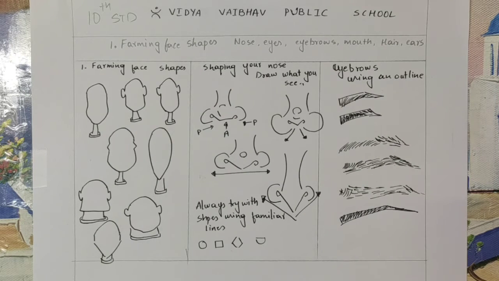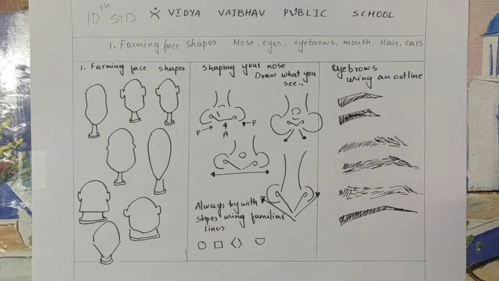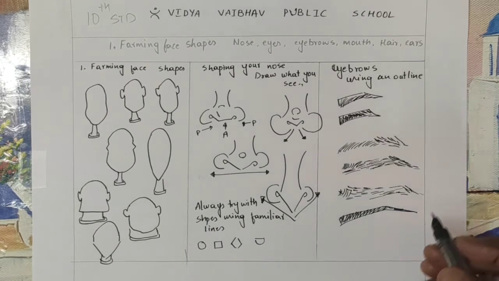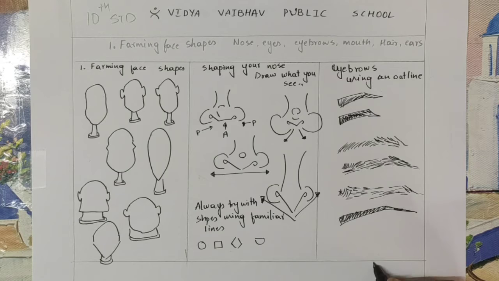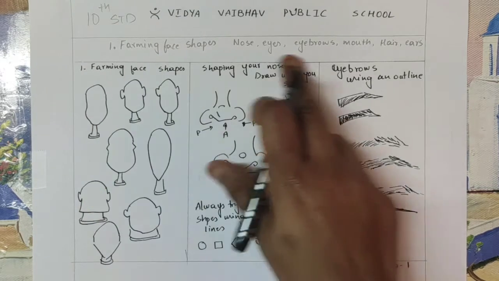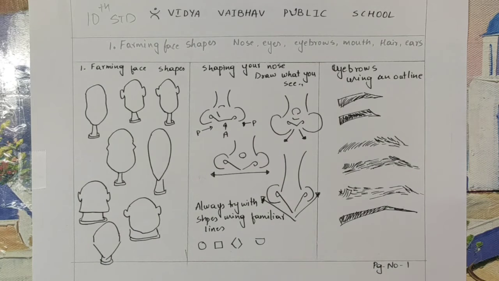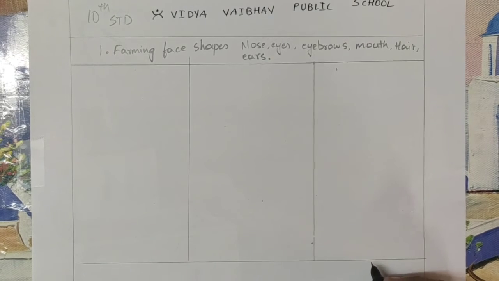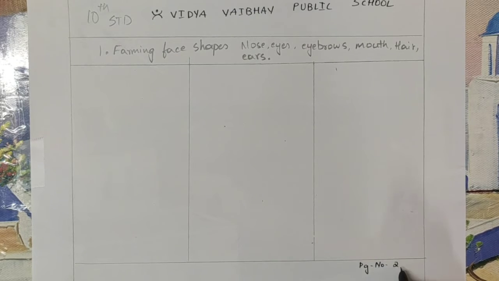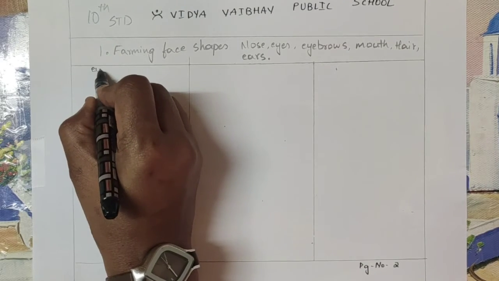Okay, I'll mention this was page number 1, because the same topic I'll continue on page number 2. So here I'm continuing with page number 2. The next thing we are learning is eyes.